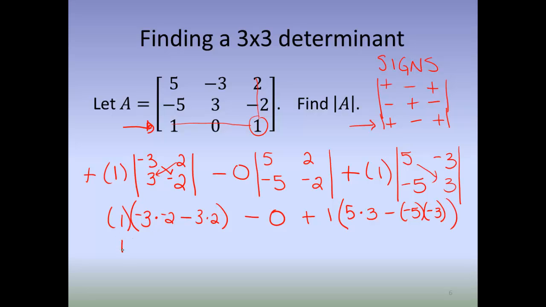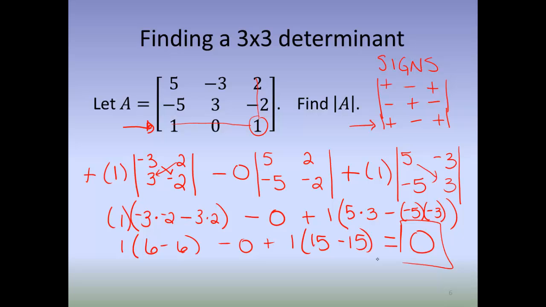This becomes 6 minus 6. And this one becomes 15 minus 15. This whole determinant equals 0. And that is okay for a determinant to equal 0. Go back, rewind things if you need to see it, set up again.